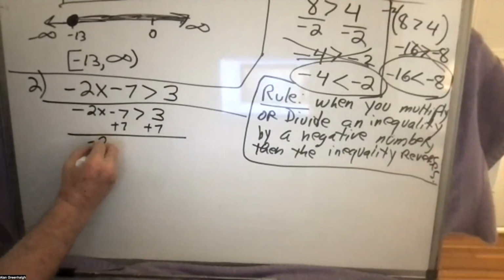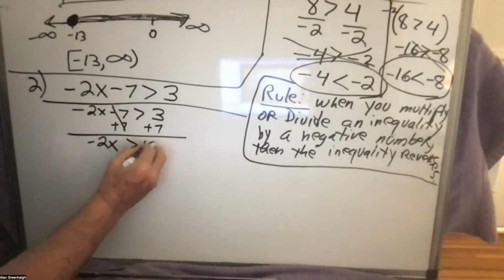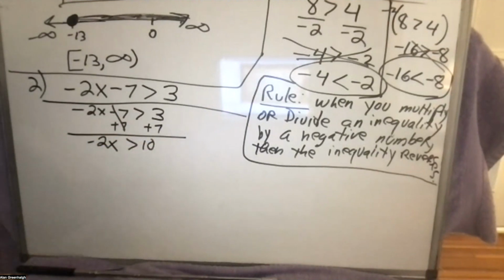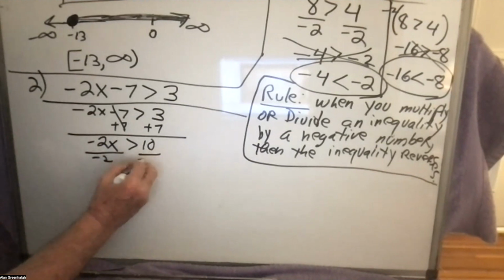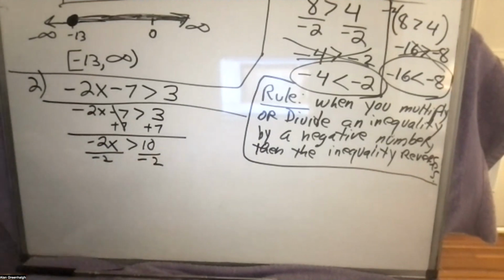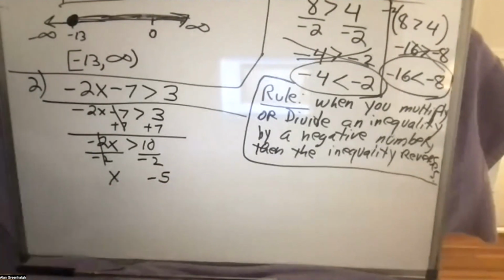And negative 2x is greater than 10. Now we divide by negative 2. That cancels out. This becomes negative 5. And what happens to the inequality symbol? The X reverse.